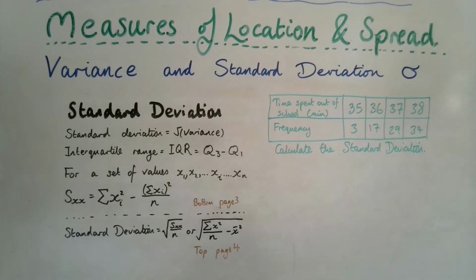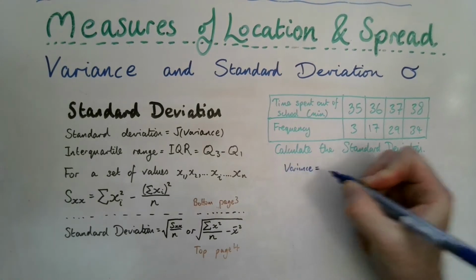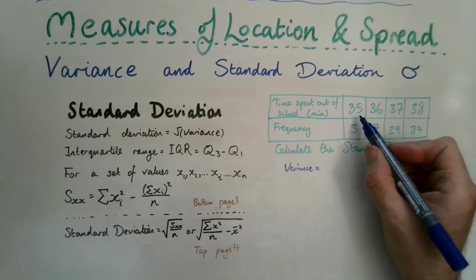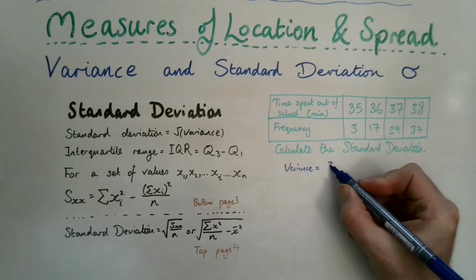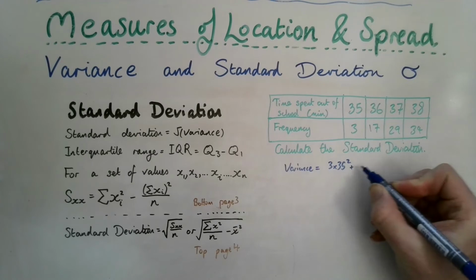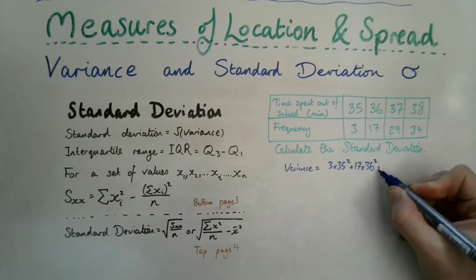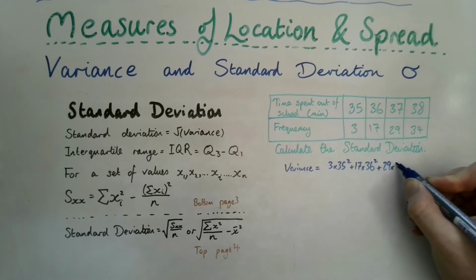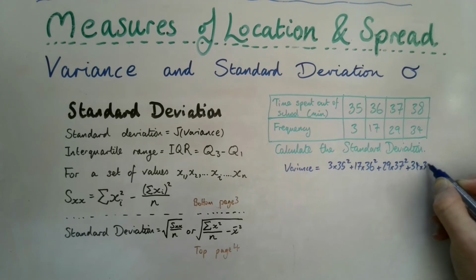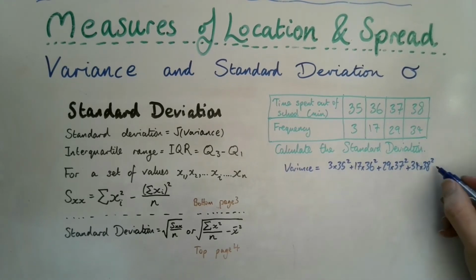So first of all we need the variance, don't we? The variance is going to be all of this divided by, and so we start off with 3 times 35 squared plus 17 times 36 squared plus 29 times 37 squared plus 34 times 38 squared, all of that.